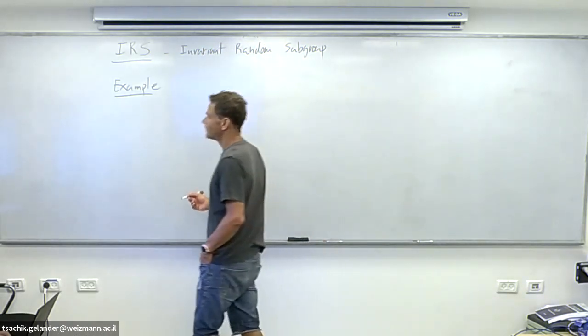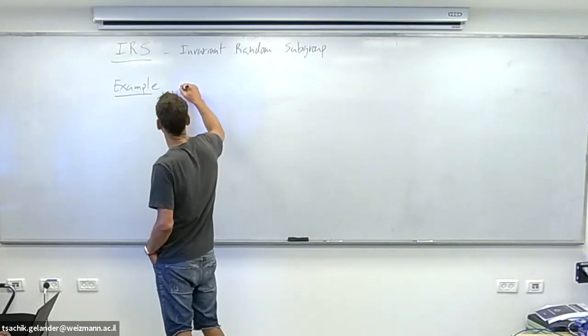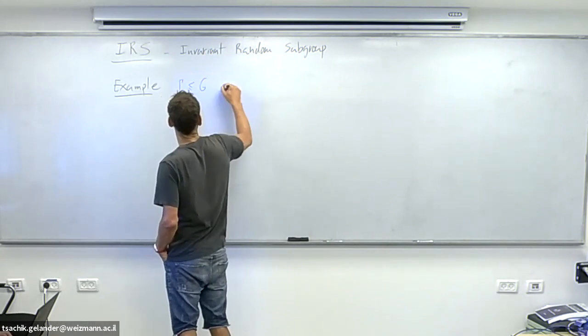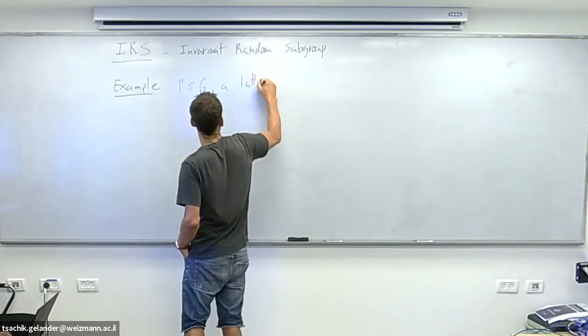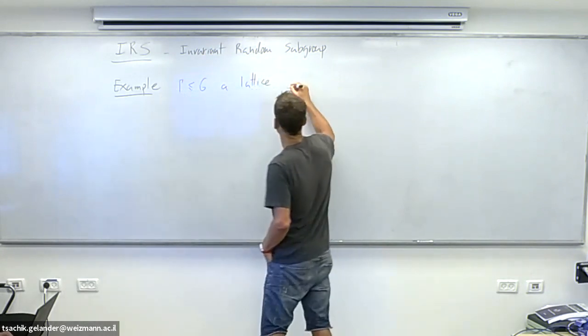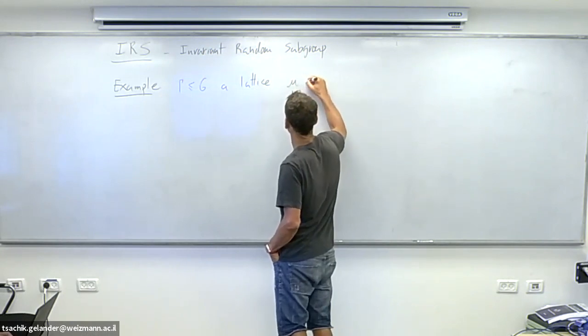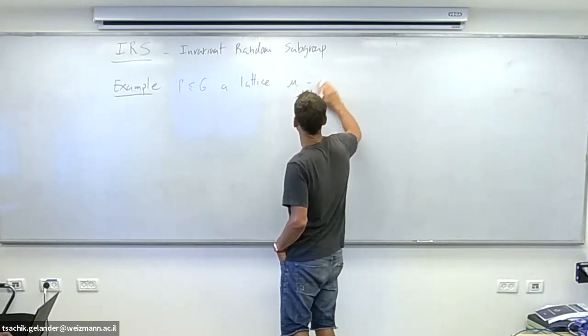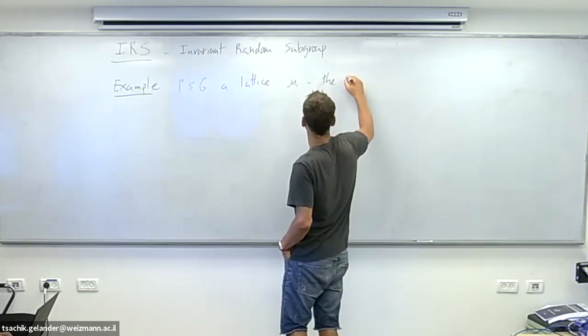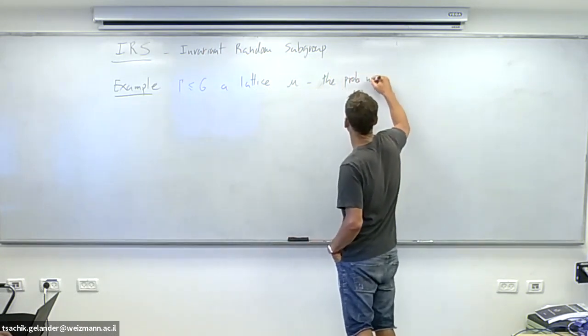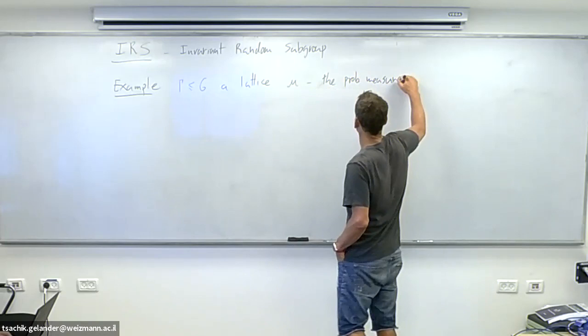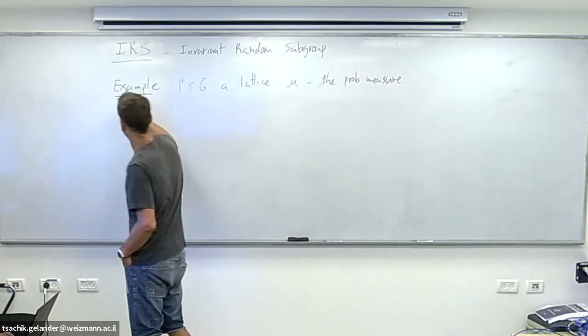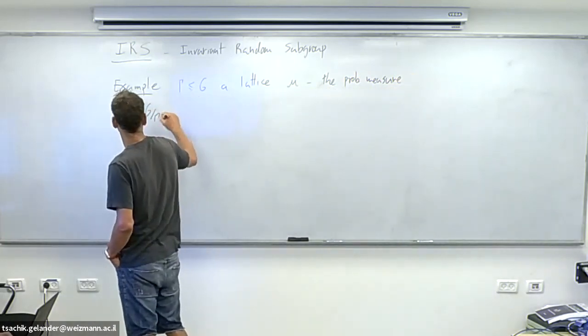But for example, if G is a locally compact group, and gamma in G is a lattice, there is a probability measure mu on G mod gamma.